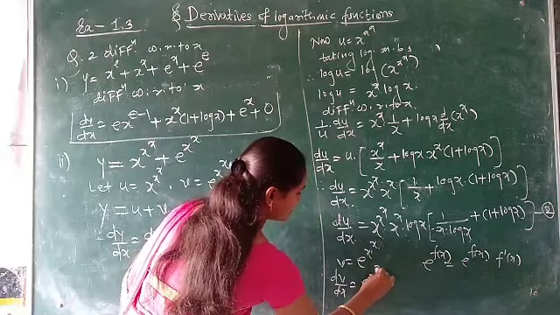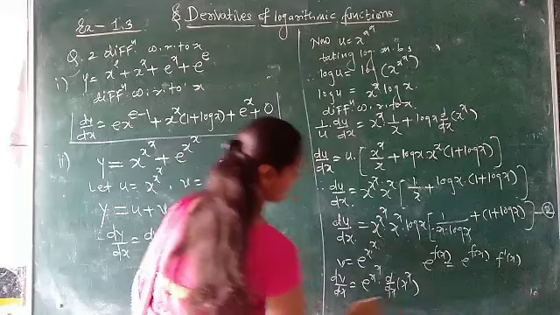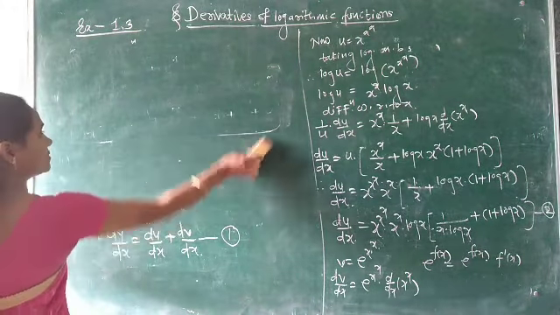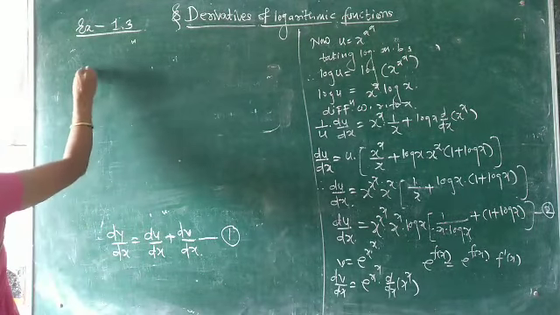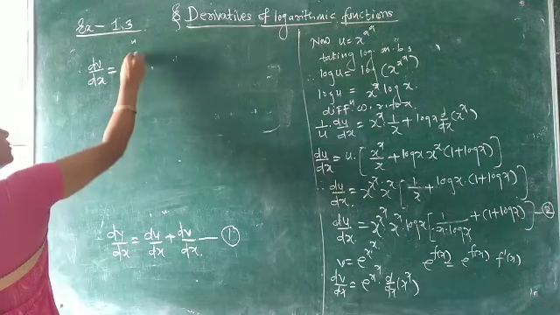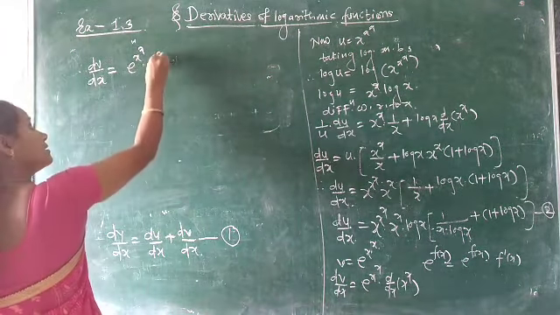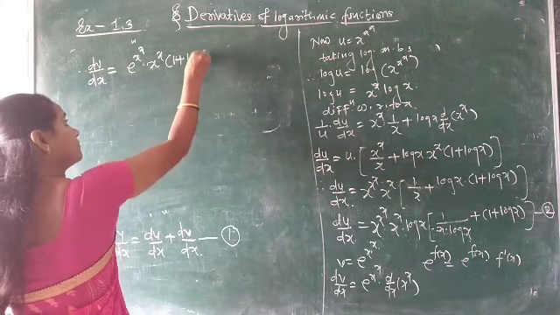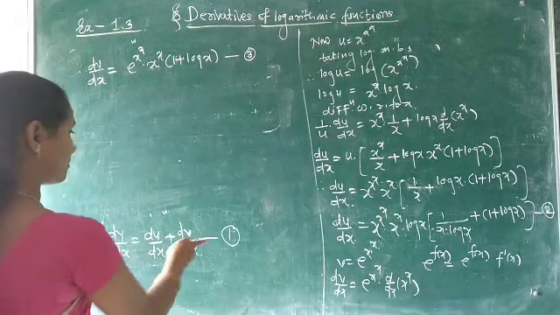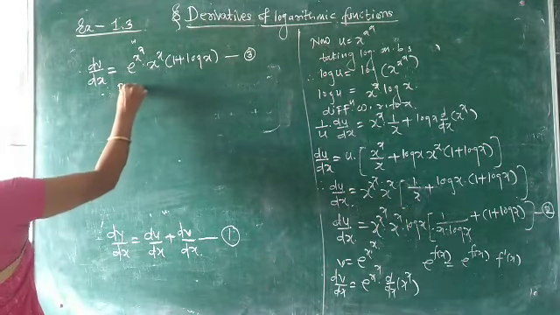So e raised to x into the derivative of x raised to x. And we know the derivative of x raised to x. What is the derivative of x raised to x? In the earlier example, we found this. And if you haven't found the derivative of this, then first find the derivative. So write the derivative of this, x raised to x into (1 plus log x). Equation number 3.